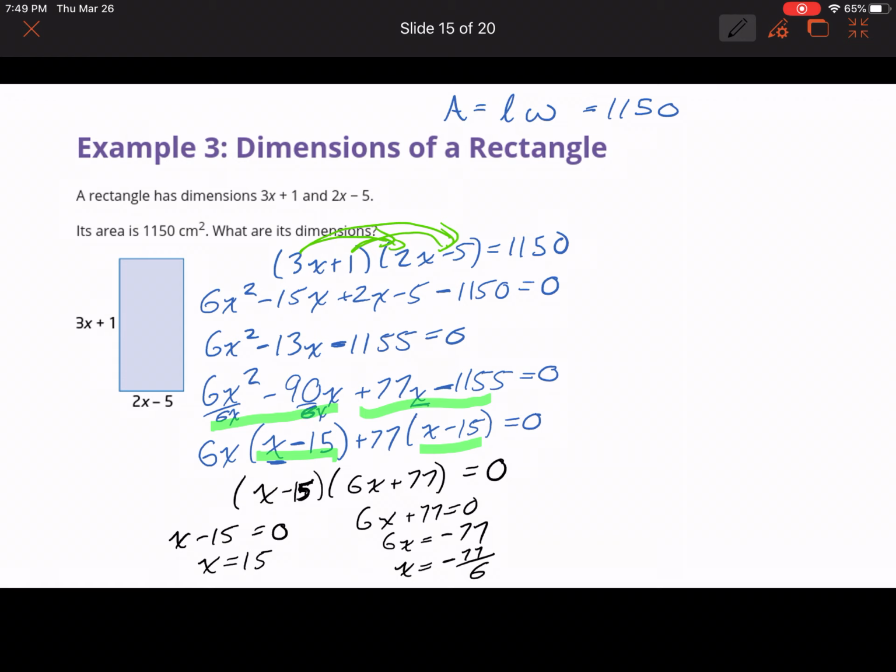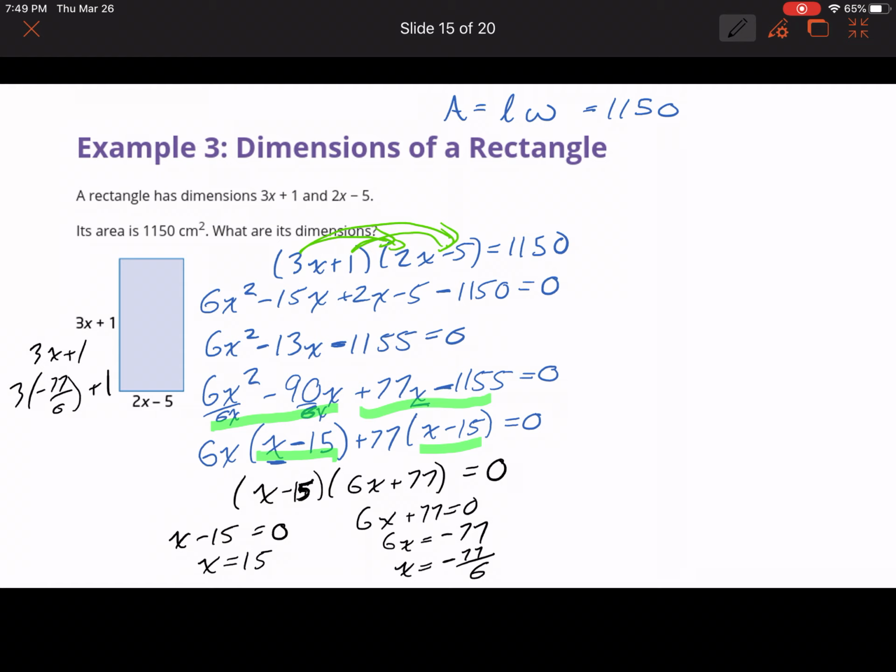Again, which one makes sense? Do we have a negative 77 over 6x? Let's look at how that's going to work out in our length. So 3x plus 1, 3 times negative 77 over 6 plus 1.